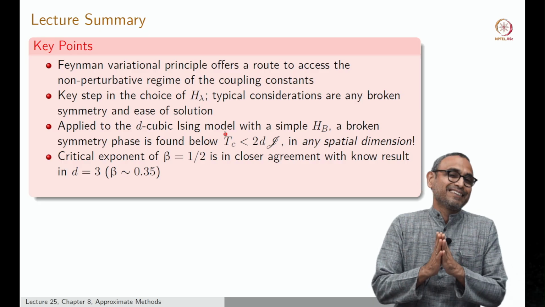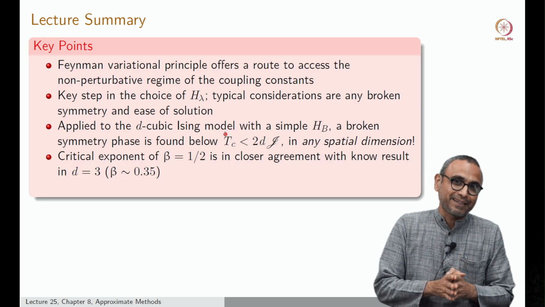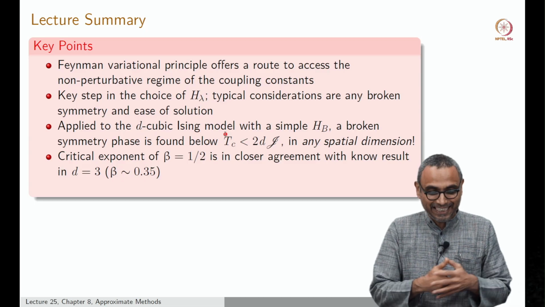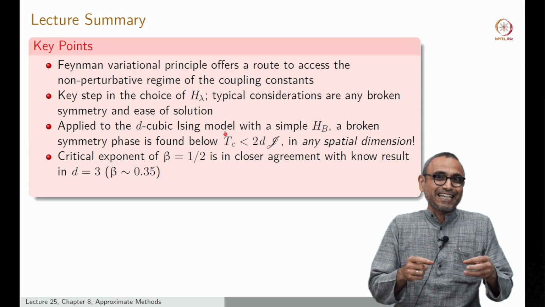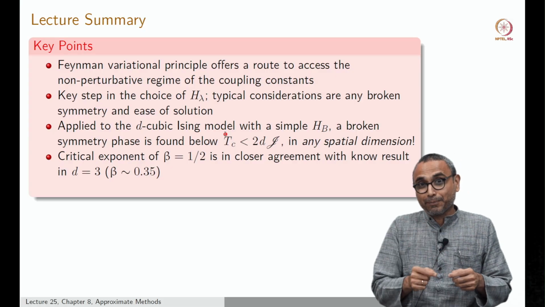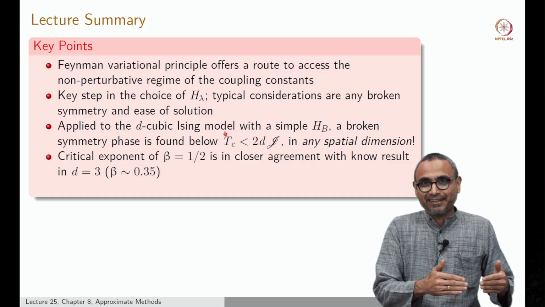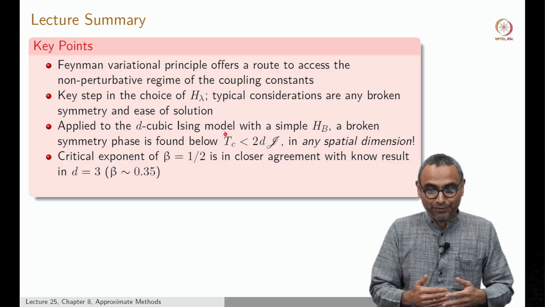The most encouraging part here is what I did not give quantitative information on in the previous slides, but it is here now. If you look at the critical exponent that we saw for the order parameter, we found in our discussion that beta is equal to half.